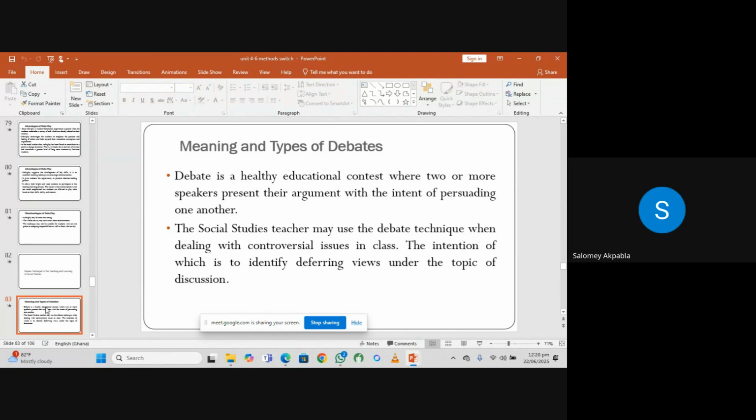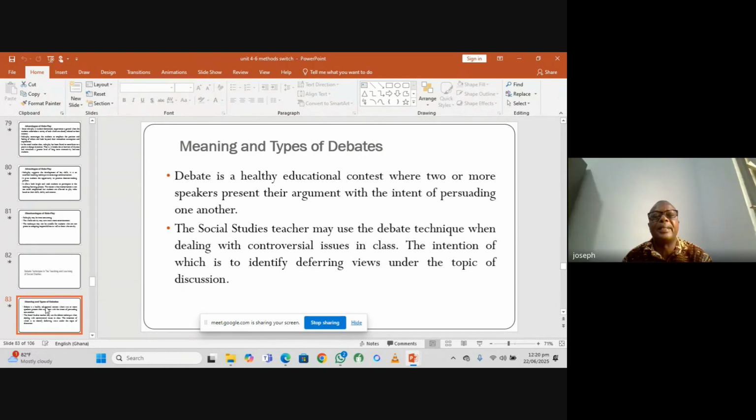Does it mean that the examples of methods are not methods, but should be techniques? The traditional method refers to the teacher-centered, and the other one refers to the learner-centered. That's why we have only two types of method, but the rest are techniques. And the arrangement of these techniques in delivering a lesson is what we call strategy. So methods, we have two, teacher-centered and learner-centered, or the traditional and the other one.